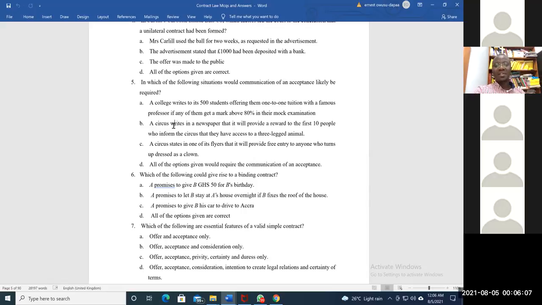So let's focus on the B. Why did I go for the B? A circus writes in a newspaper that it will provide a reward to the 10 people who will inform the newspaper. So in a way, they are even soliciting a communication of acceptance.